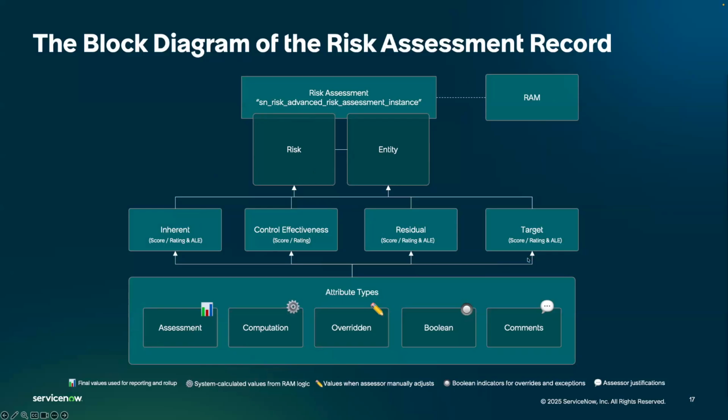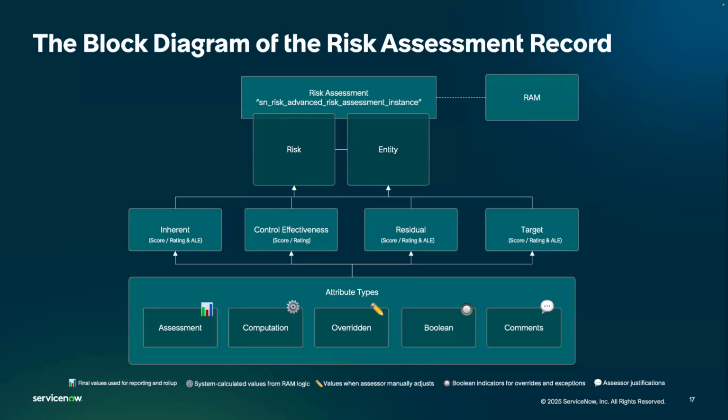Radiating outward, four assessment types: inherent, control effectiveness, residual, and target. Each captures a different lens of the same risk. Each generates scores/ratings and/or ALE. Not every assessment uses all four. It depends on your RAM configuration.